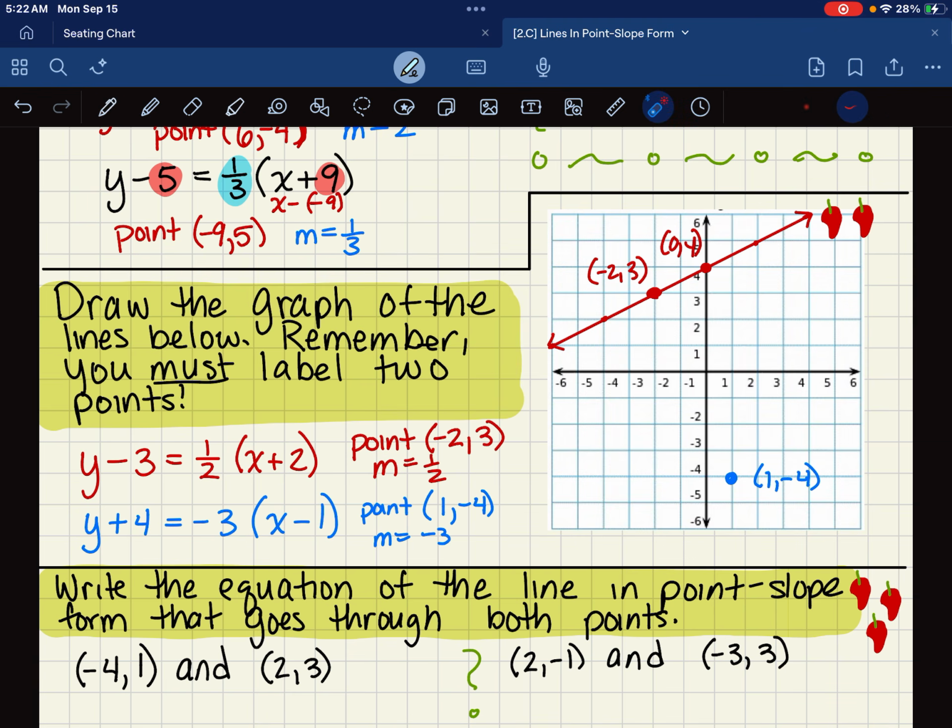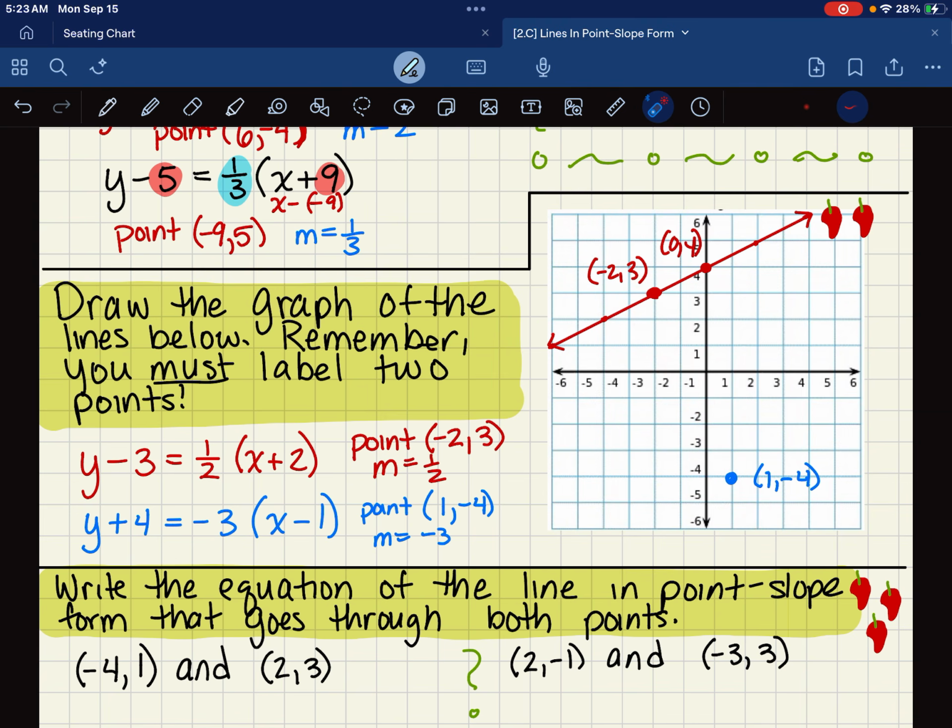Now this is kind of tricky because if I go to graph -3 as my slope, remember to write it as a fraction, that would put it over 1. So I would need to fall 3 and run 1, and see how I'm falling off my graph paper? Because this is a negative slope, I know it's going to have to go downhill.